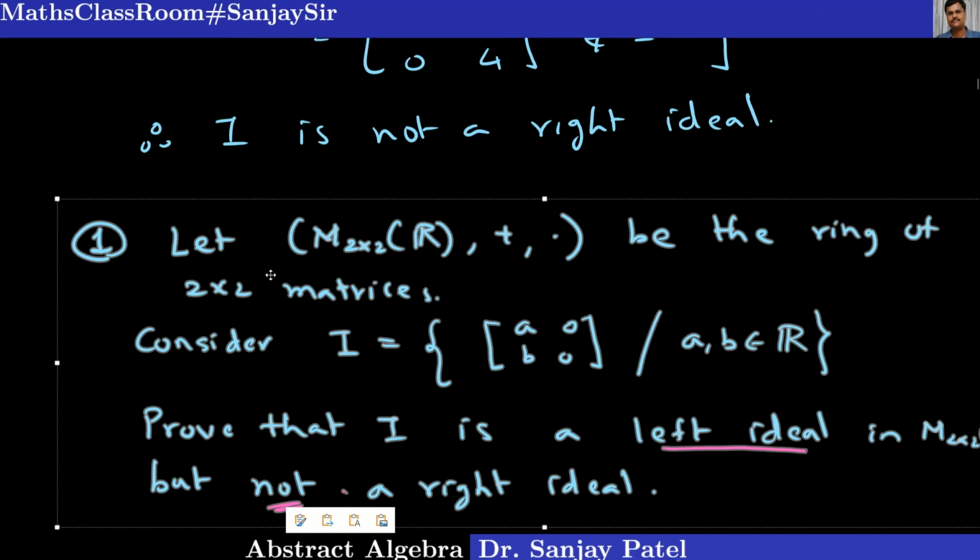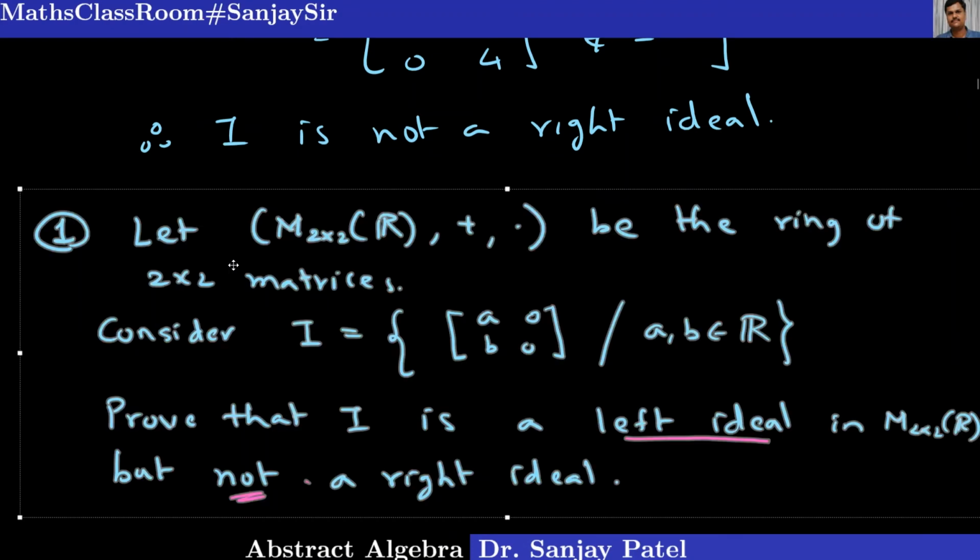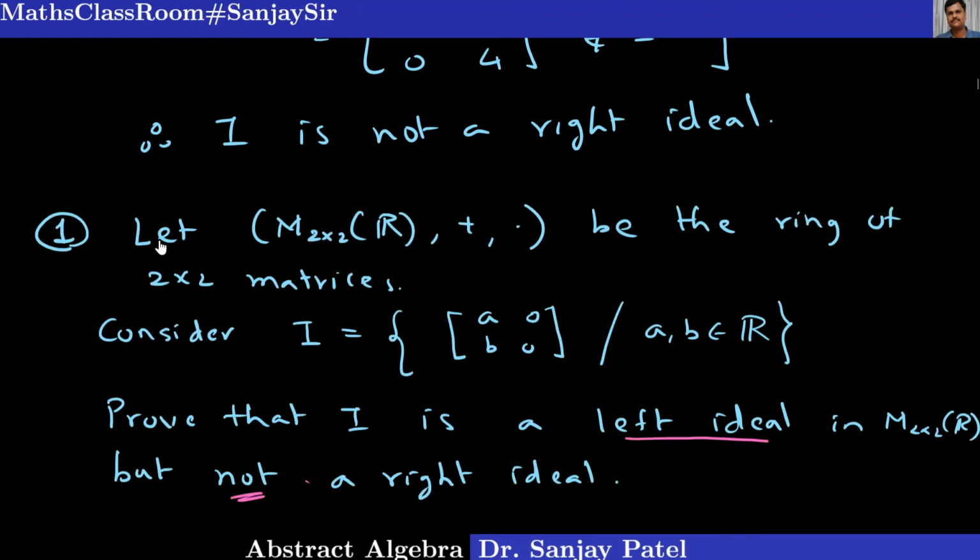And let us change this. I am taking the second example in the same ring of matrices of order 2, and I am changing these things. I am taking the set I instead of this kind of matrices.